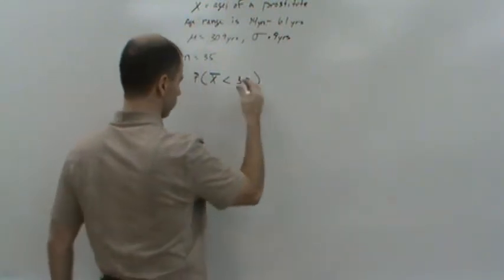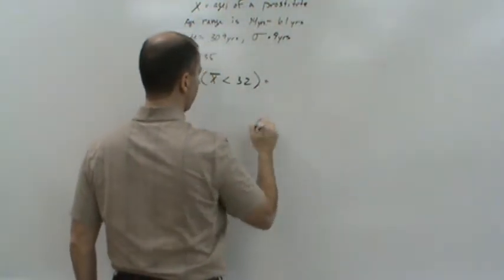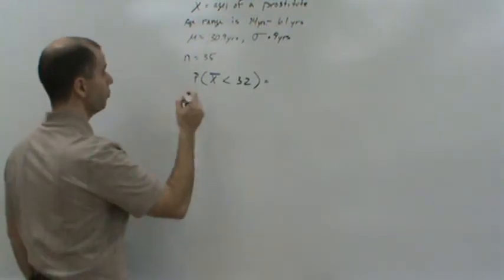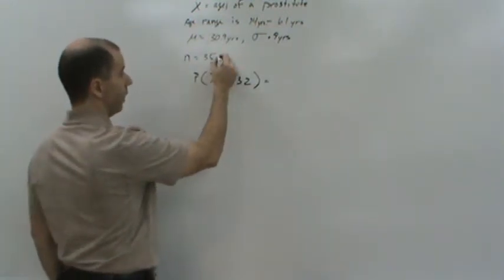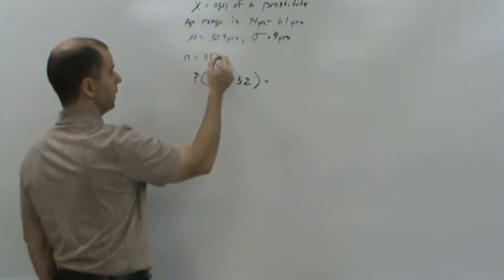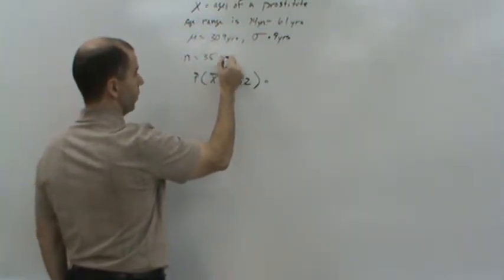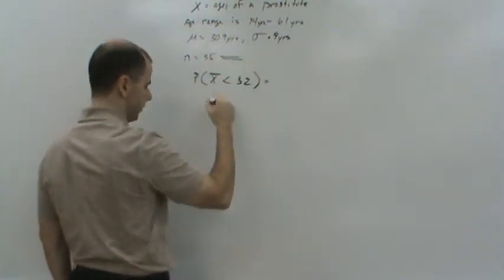Okay, so how are we going to do this? Well, we need to know the distribution of x bar. Again, we don't know anything about the population distribution in this case, so we're going to rely on the central limit theorem.